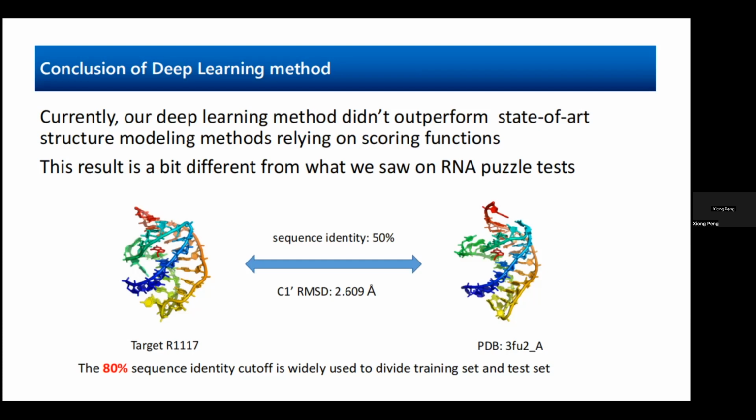According to this criterion, with the 18% sequence identity cutoff, we cannot remove all the homologous structures. So that's maybe the reason we saw a better result in the puzzle test than in CASP.